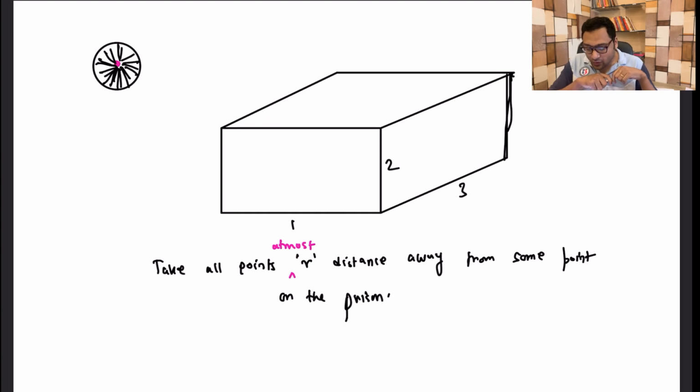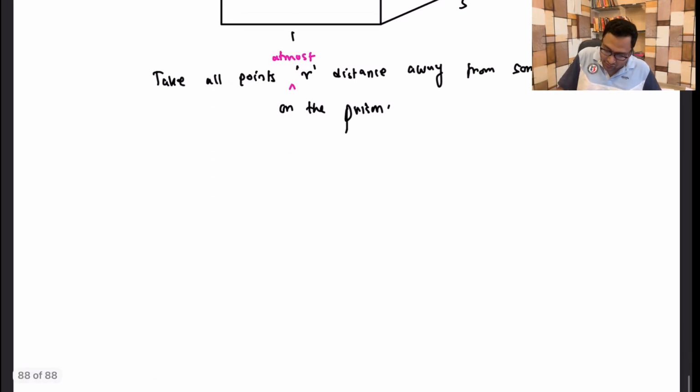Okay, what if you don't have just one point? What if you have like 2 points? Let's say if you have 2 points. So let's draw that. Suppose you have 2 points. Then what do you do? Well, it's very simple. You take the R neighborhood of the first point. Maybe it's like this.